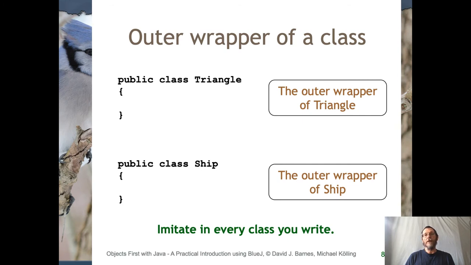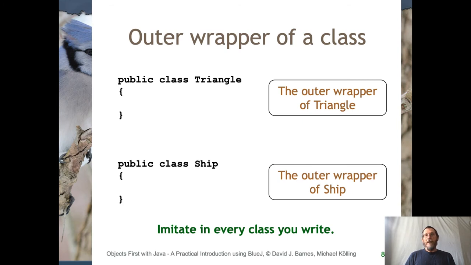One says public class triangle, then on the next line there's an opening curly bracket, a bit of blank space, and then there's a closing curly bracket on the line underneath there. So that's triangle, but for ship we've got public class ship, a new line, an opening curly bracket, a bit of space, and a closing curly bracket. The only difference between the outer wrapper of a triangle class and a ship class is whether we use the word triangle or whether we use the word ship.